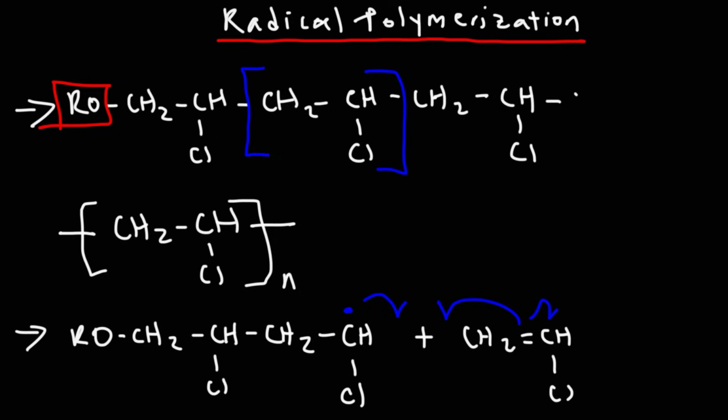In this case, this will be an OR group. Now the ending can also vary as well. Sometimes it can just be an alkane, sometimes it could be an alkene. You can get a disproportionation reaction. There's a lot of things that can happen here, but we're not going to focus too much on the end part of the molecule.